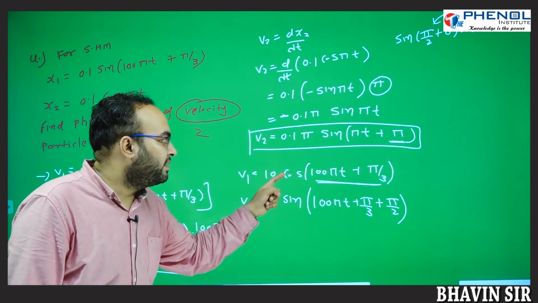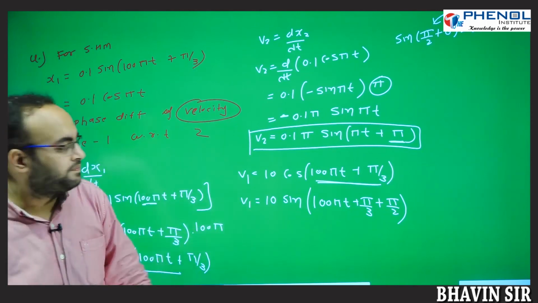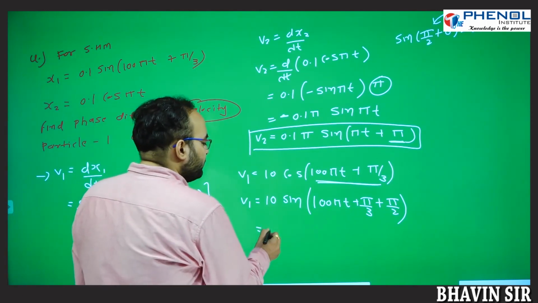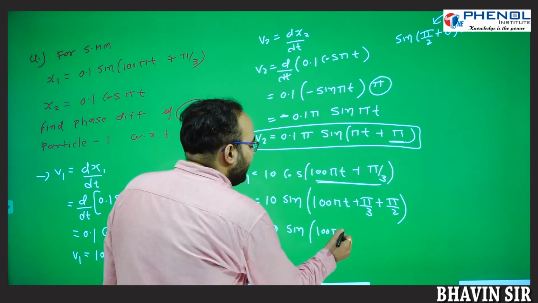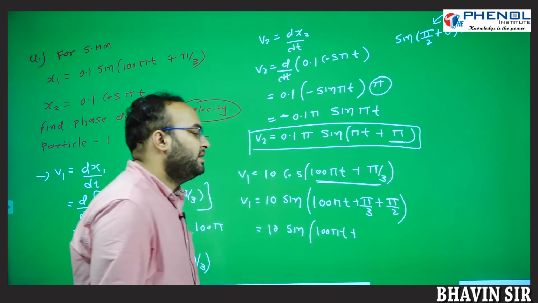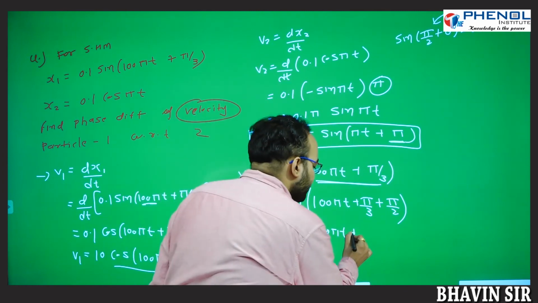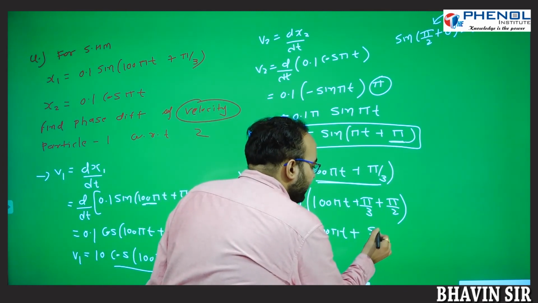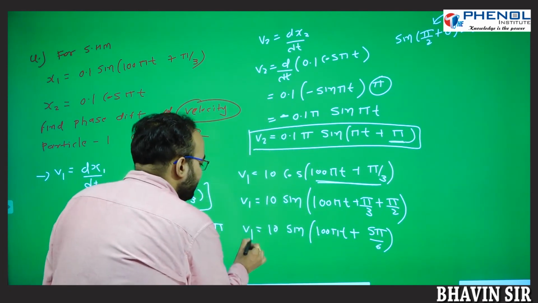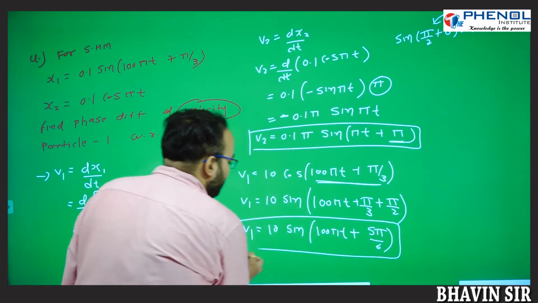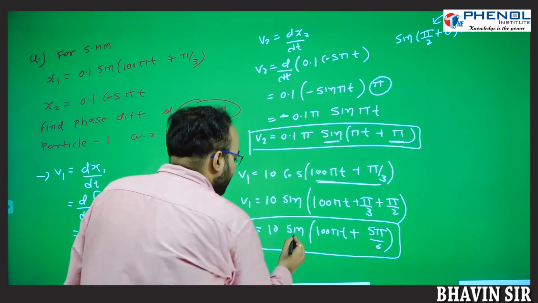Because we want to convert cos into sine. So 100 pi t, pi by 3 plus pi by 2 gives 5 pi by 6. Now students, see, this is the correct comparison, because both are sine.